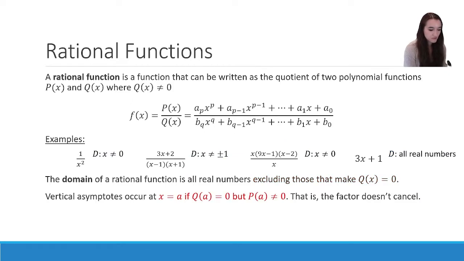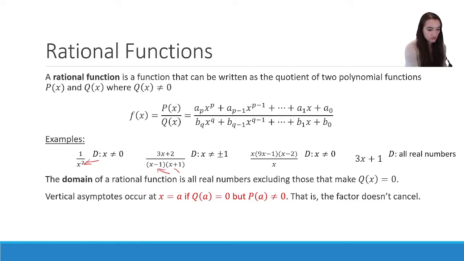Alright. Now, vertical asymptotes are going to occur every time x equals a, where q of a equals 0, but p of a does not equal 0. So, in other words, if the factor does not cancel, we get a vertical asymptote. Factors don't cancel here, so we're getting a vertical asymptote at x equals 0.